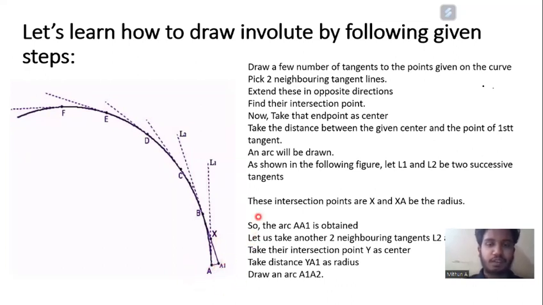As shown in the following figure, let L1 be the tangent 1, and L2 be the tangent 2. They intersect at X, so they form an arc here, A1.